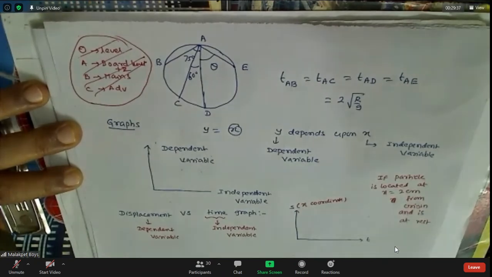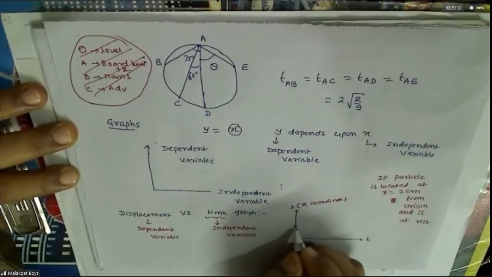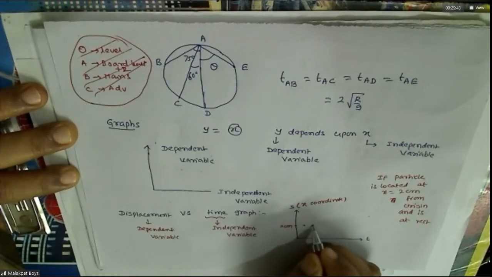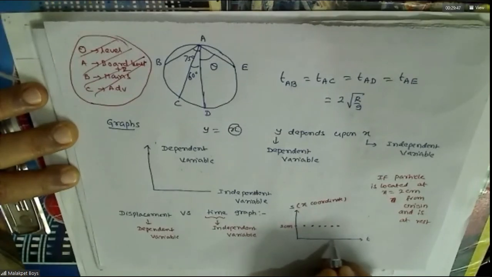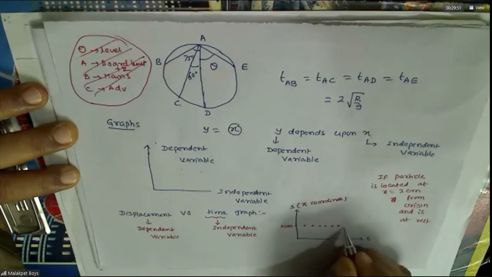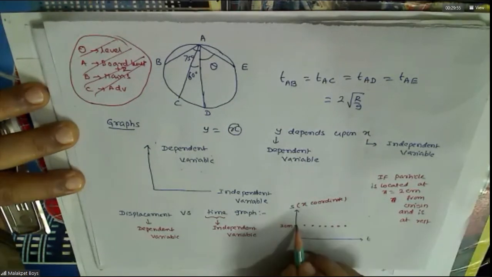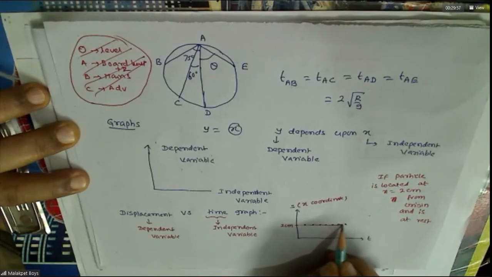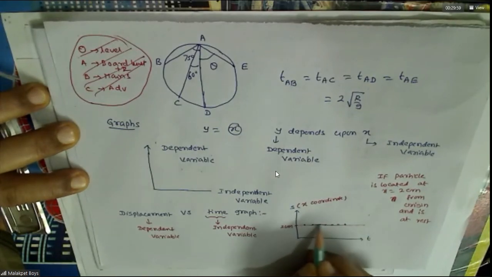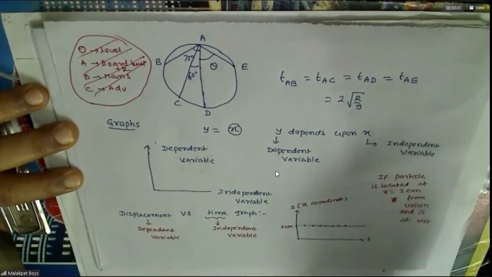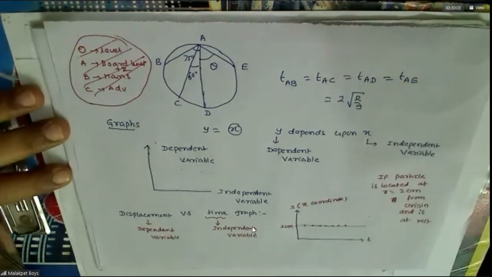The meaning of that is, its x coordinate is 2 centimeters. Rest means it remains the same for any time. The time may be t1, t2, t3, t4, anything. This particle is not at all moving. So if you join all this, you'll get a graph like this. Understood this? Clear enough? Yes, sir.